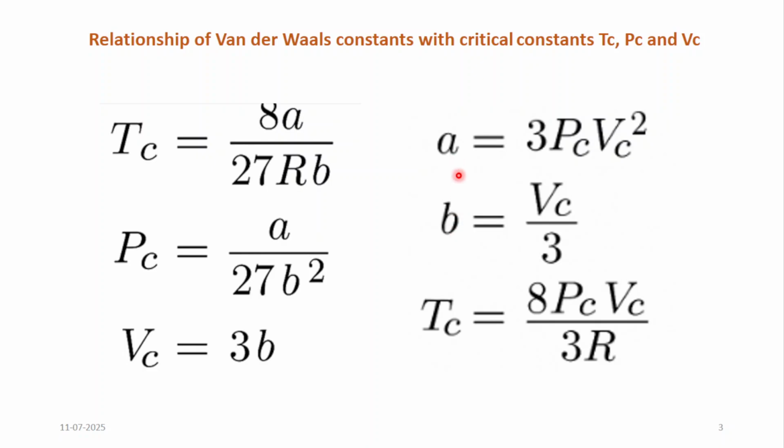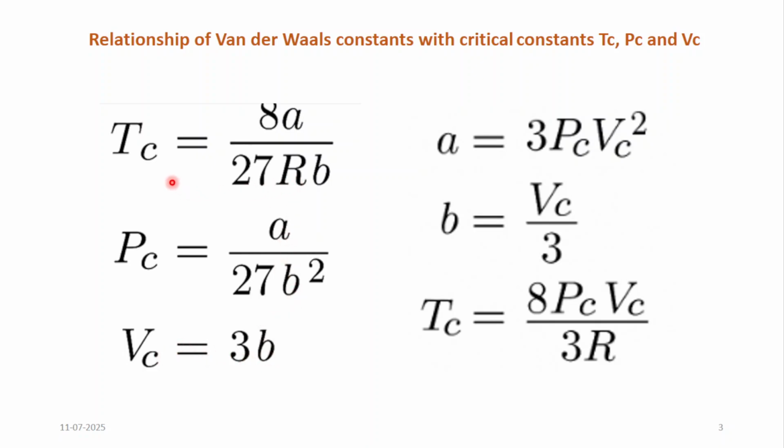You don't have to write in terms of a, b and Tc, because whichever way you write, it's fine. You can write in terms of a and b, or in terms of Tc, Pc and Vc. Anything would be fine. So these three are easy to remember: Tc = 8a/27Rb, Pc = a/27b², Vc = 3b.